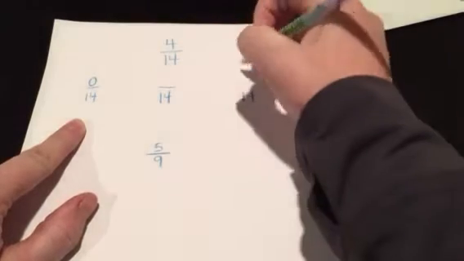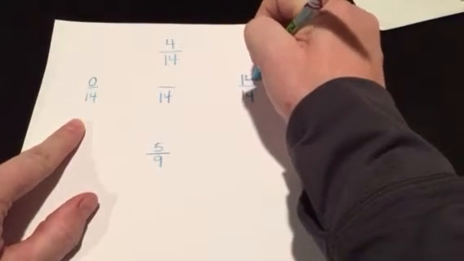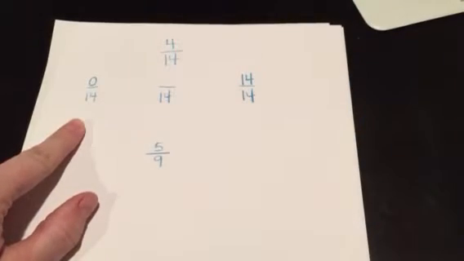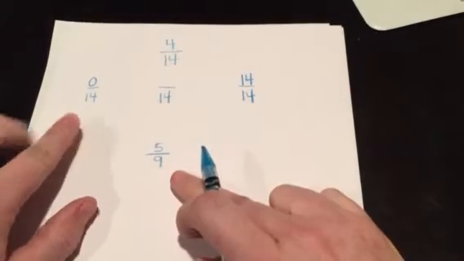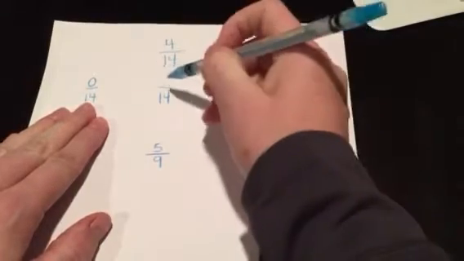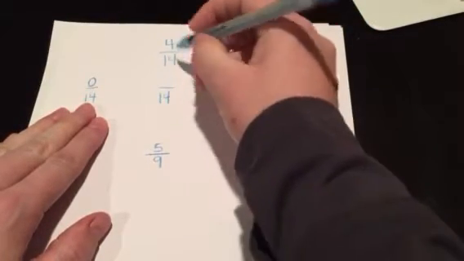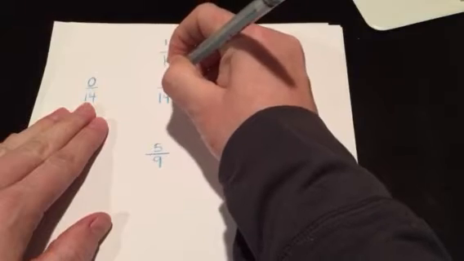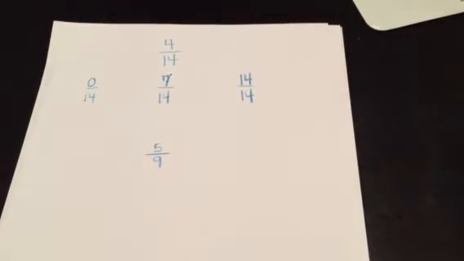For 1 whole, we know that anytime our numerator and our denominator are the same, that represents 1 whole. So 0/14 represents 0, 14/14 is 1 whole, and then 7 is half of 14. So 7/14 is our halfway point.